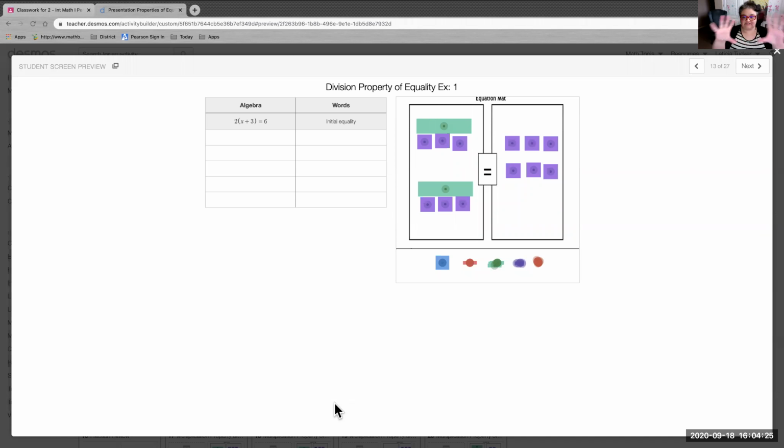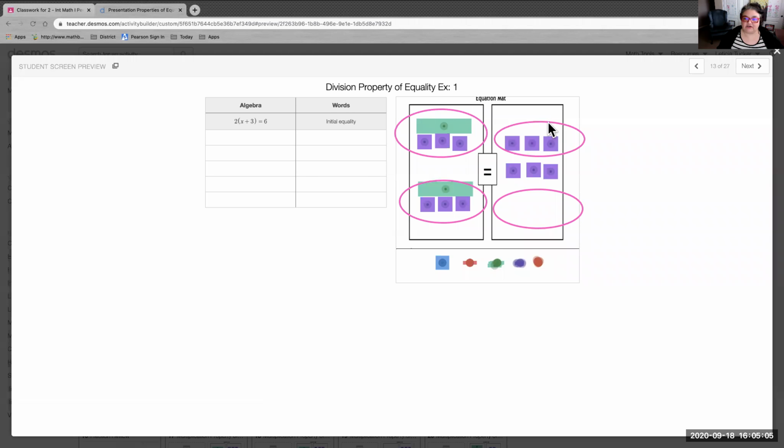So when I have tiles and I put them into groups, that's called division. And let me grab my little circle. There we go. So I'm going to divide this into 2 groups. And if I make 2 groups on this side, I have to make 2 groups on this side here.